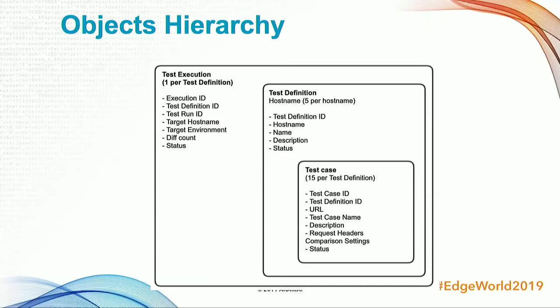So why do we have test execution and test definition separated? It is because you can run your test against different environments. For example, you don't want to run staging against production. You want to run, for example, staging against your website which you use for development purposes.